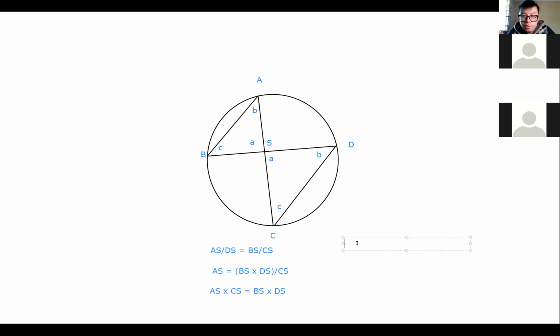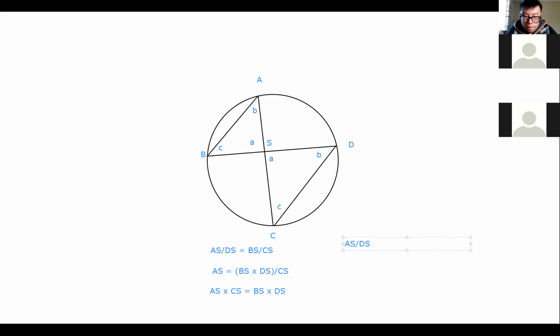So remember, for similar triangles, we need to have angles that are equal to each other and also correspond to each other. So this triangle ABS is similar to CDS because they share angles A, B, and C. That means they're similar, but it doesn't mean they are congruent, or that their side lengths are equal to each other. But if we compare their side lengths, we can make an expression.